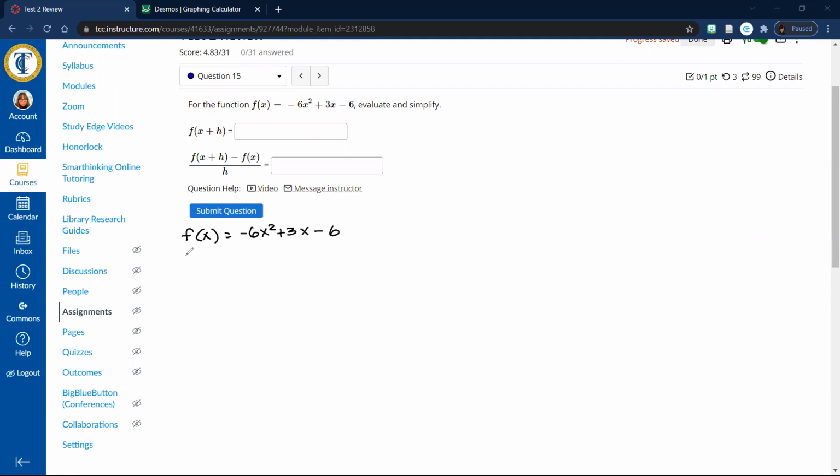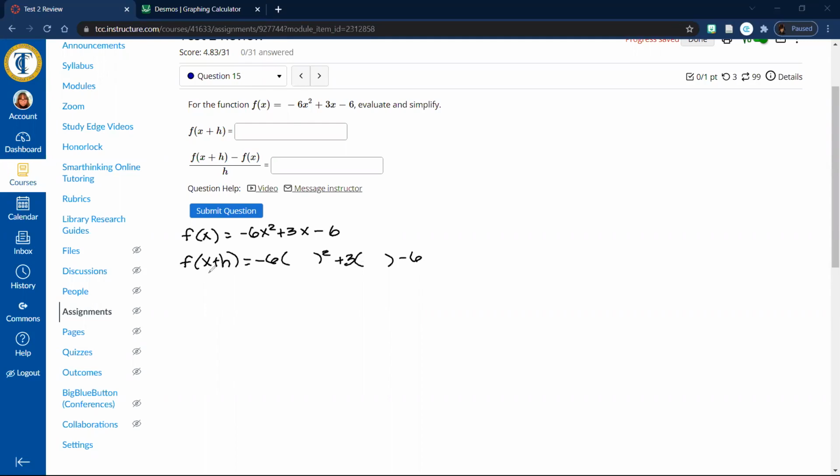So if we want to find f of x plus h, everywhere there's an x, I'm going to leave the brackets open for a moment. Super important: if you make a mistake in writing this down, it could change everything.